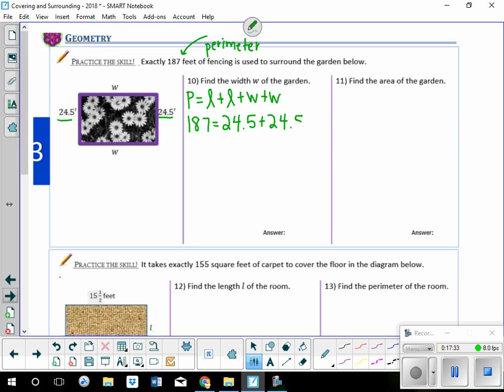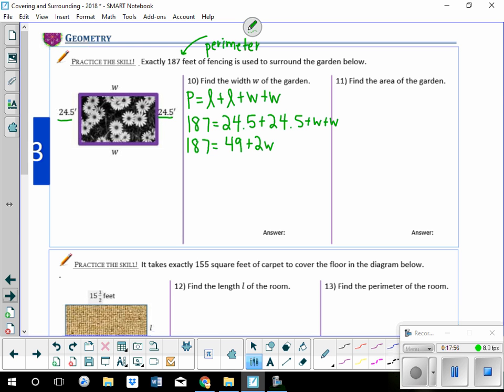I'm going to clean this up just a little bit. So 187 is equal to 24 and a half plus 24 and a half. What's that going to be? 49. Thank you. That's 49. And then I'm going to write this as 2 groups of the width. So I'm going to write 2W. That means 2 groups of the width.